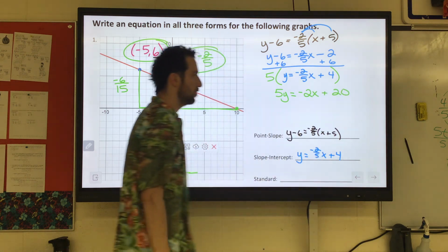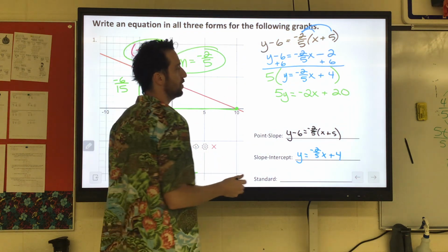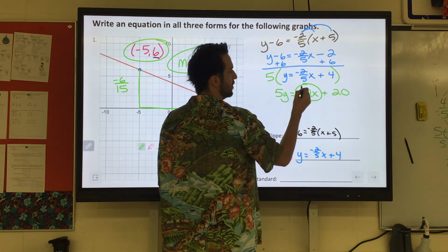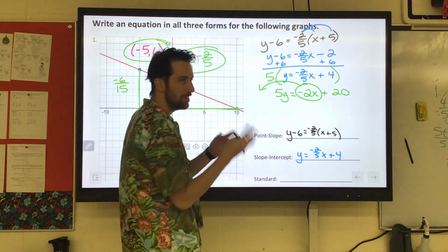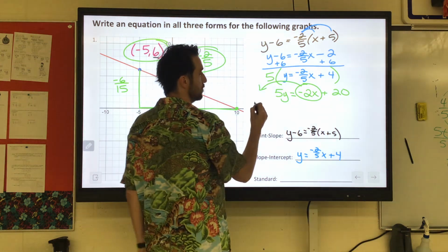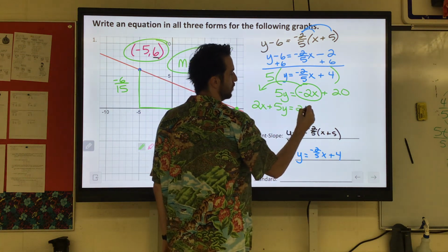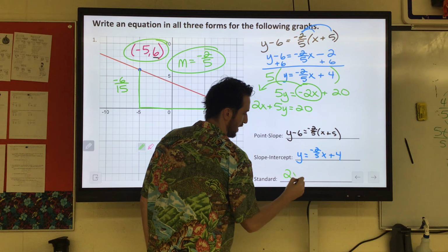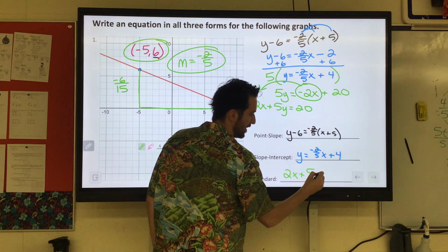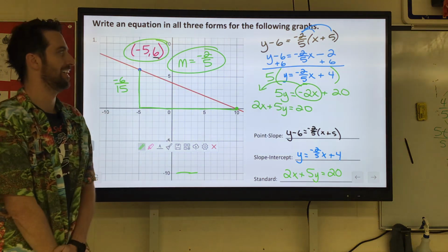The last thing with standard form is no fractions, no decimals, but you do have to get the x on the same side as the y. It's negative 2x. To send it to the other side, you would add 2x. 2x plus 5y equals 20. 2x plus 5y equals 20, and we're having fun, folks.